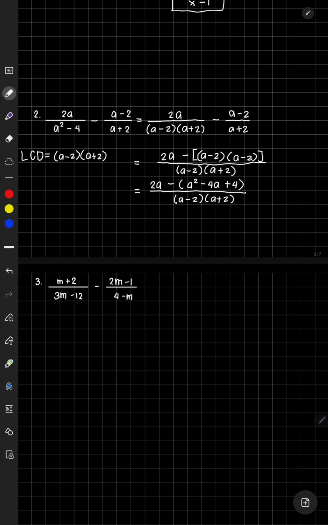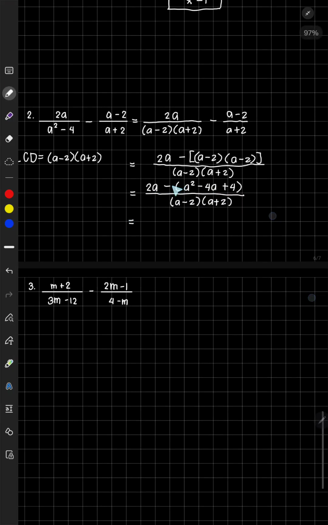Then combine the like terms, which is we have 2a minus the negative of 4a. Distribute the negative, so we have negative a squared, then 2a minus the negative of 4a, we have plus 6a, then distribute the negative, so negative 4.